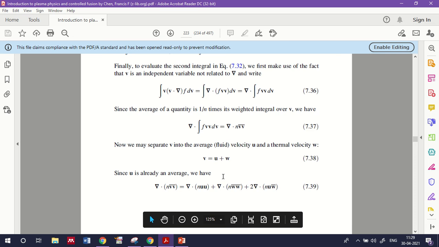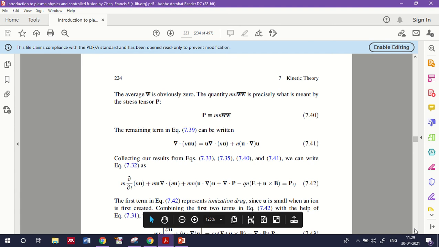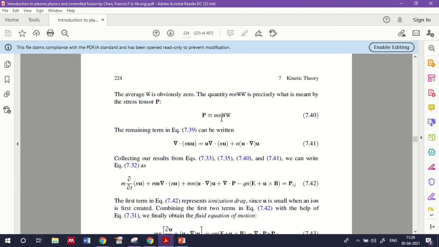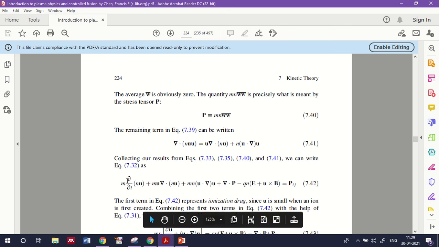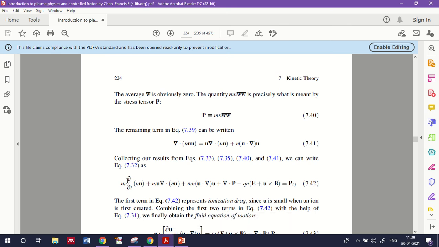So if you expand this equation, del dot n w w bar, we said that m into that term will give a pressure tensor again, P equal to m n w w bar. Now we substitute all these relations in the Boltzmann equation. We multiply with m v, then we take the integral.